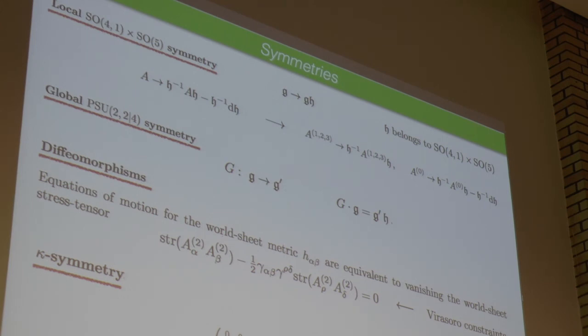can be seen as follows. This Lagrangian exhibits local SO(4,1) cross SO(5) symmetry. How can you see that?